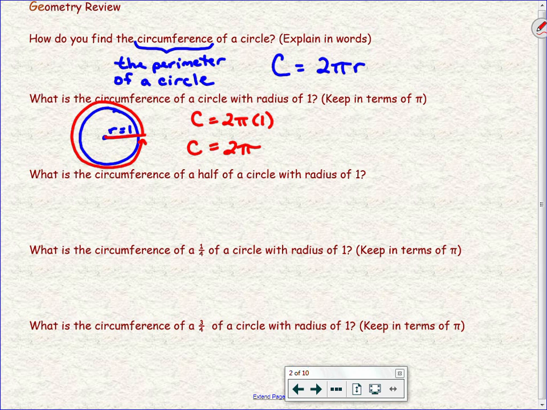Now, a couple new things about this is when you see a radius of 1, the name of the circle, it's a special case of a circle. It is called the unit circle. And we're going to be doing a lot of work with the unit circle over the next couple weeks.